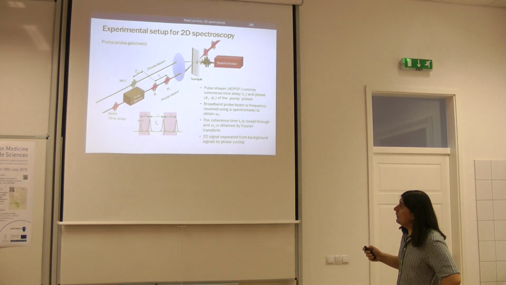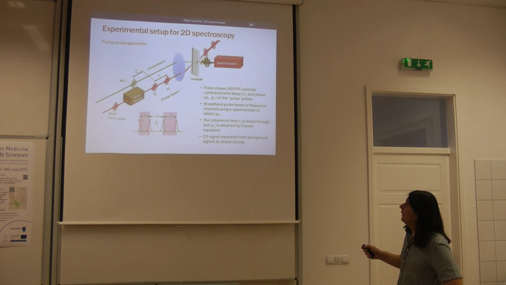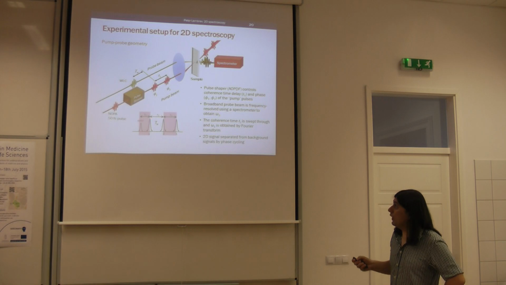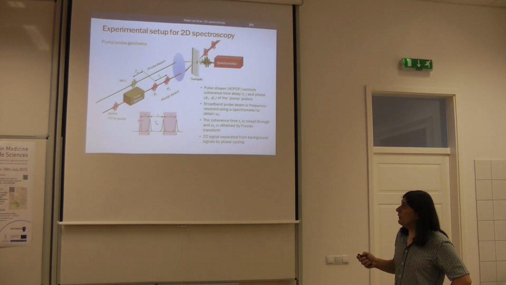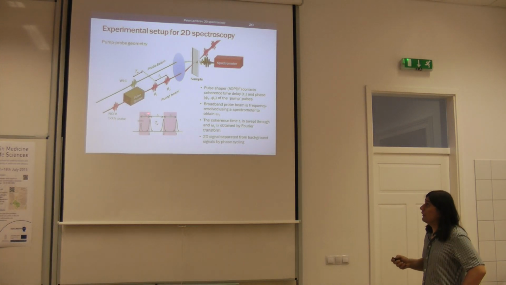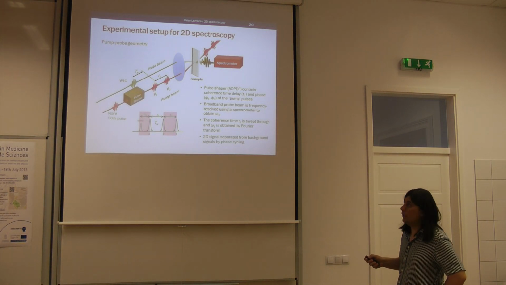And what is the difference? The difference is only one small device, which is in this case acoustic modulator, so-called pulse shaper, which allows us to split the pulse into two. So from one pulse, we create two pulses, and just with computer control of the pulse shaper, we can set these pulses apart.